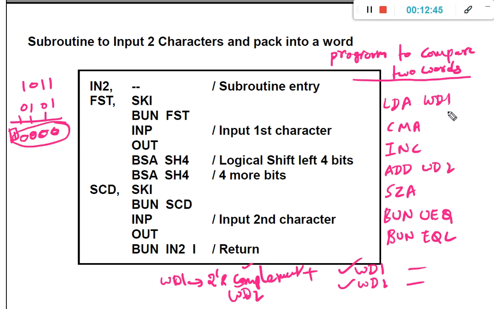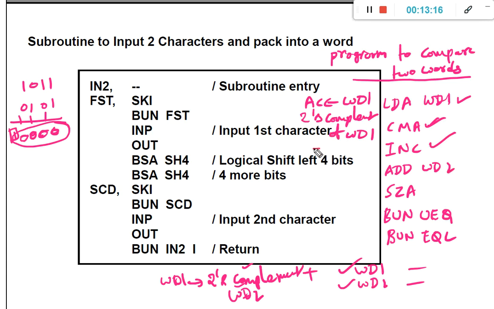See here what is the code: load word number 1, complement accumulate register. Load word number 1 means load the content into the accumulate register, and then complement the value of the accumulate register, and increment the value of the accumulate register. Now, the accumulate register will contain the 2's complement of WD1, and now add WD2.